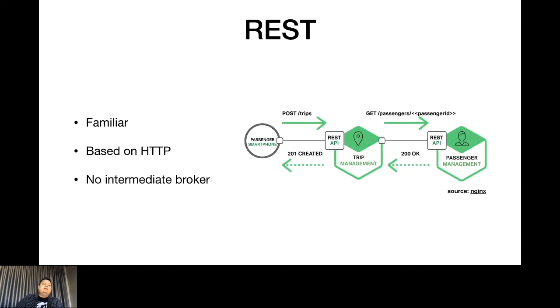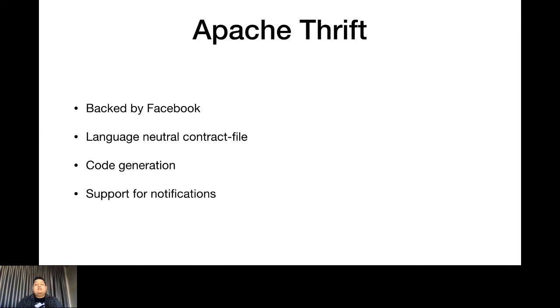But what we wanted to mention here is that REST is not always the answer to your problems, because there are other solutions out there. The first one is called Thrift. It's backed by Facebook. It provides us with a language-neutral contract file. This means that you have a file that is independent of the programming language, in which you define your contract for the communication.